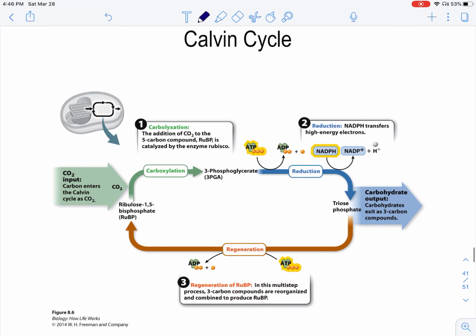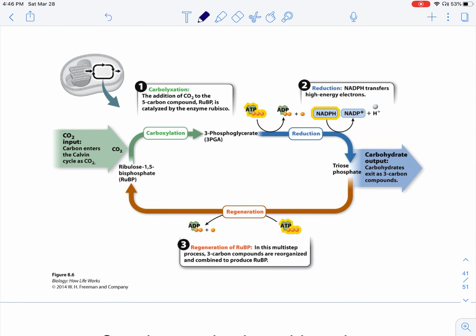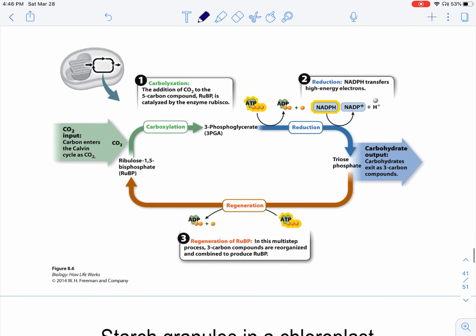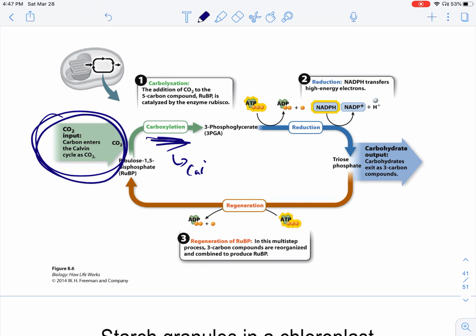And so this is in the Calvin cycle. We aren't going to go through all the steps of the Calvin cycle because I'm trying to keep this under 15 minutes. I only have about 2 minutes left. But the major thing is that there are three kind of steps. There is the carbon dioxide that comes in, and it gets attached to a molecule via a process called carboxylation or carbon fixation.